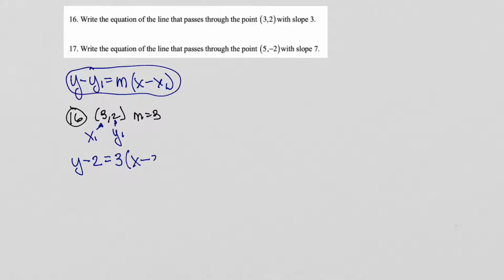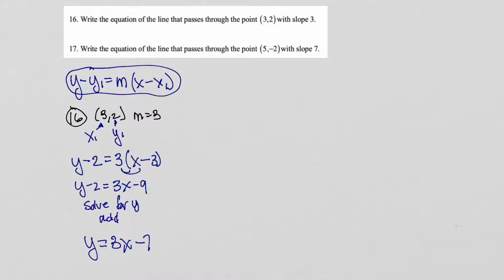Now we can simplify this, just multiply through. So we'll get y minus 2 equals 3x minus 9. We can solve for y if we just add 2. So here's our equation in slope-intercept form: y equals 3x, and then negative 9 plus 2 is negative 7.